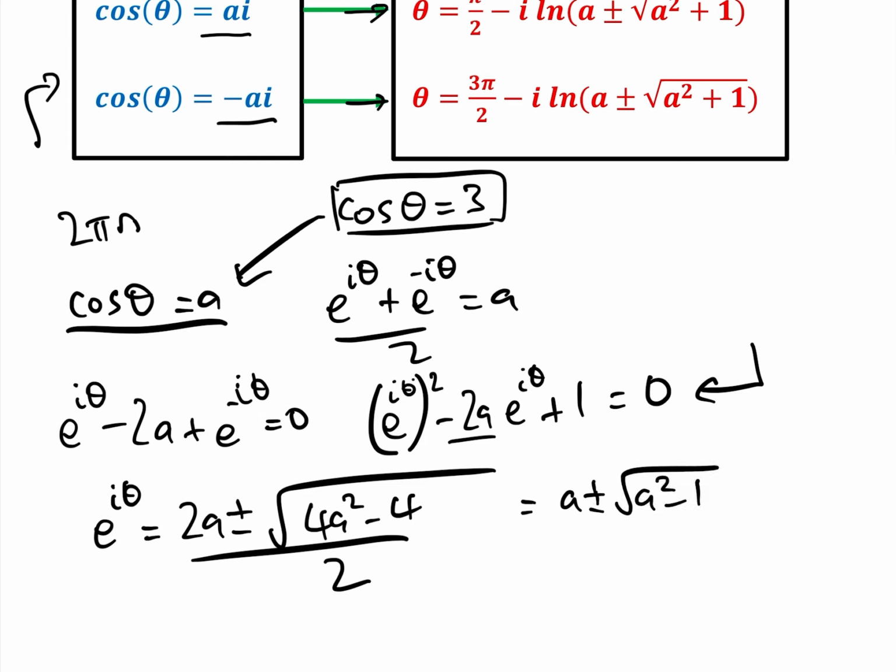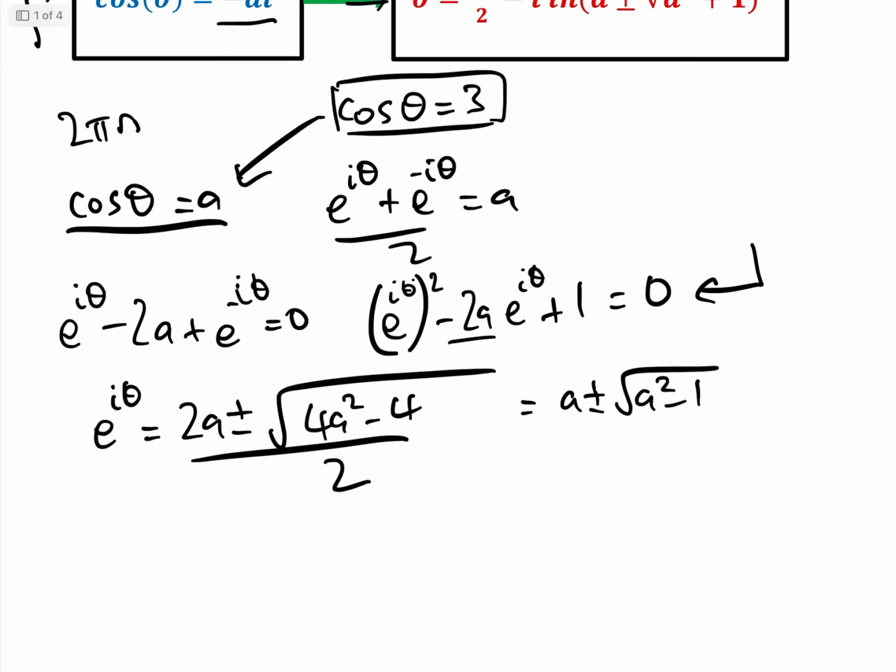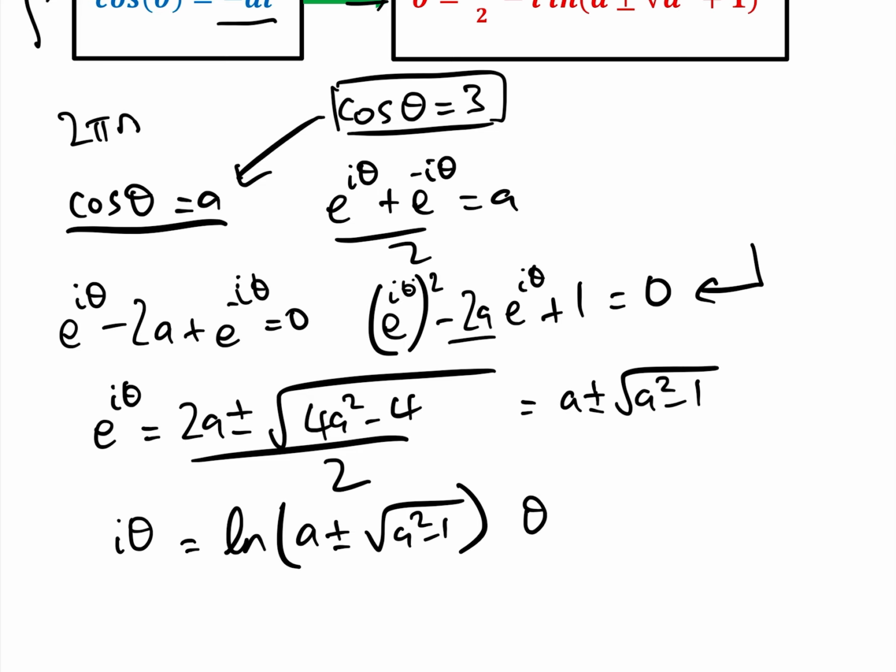So this is the simpler one of the four. Therefore we can take logs, and that gives us i theta equals log of a plus or minus root a squared minus 1, and therefore theta, just dividing by i, equals minus i log a plus or minus root a squared minus 1, and they are our two solutions.